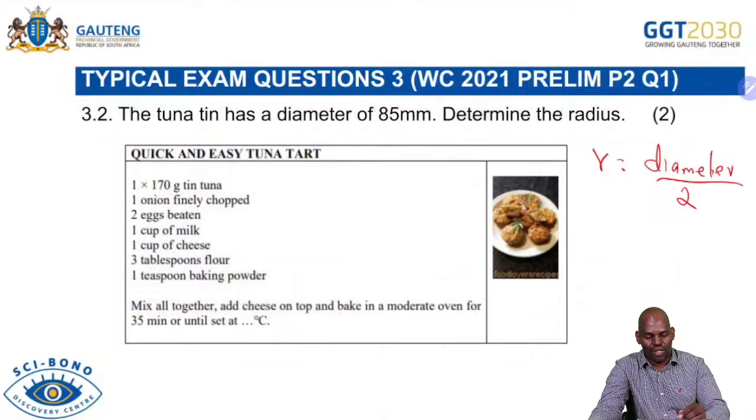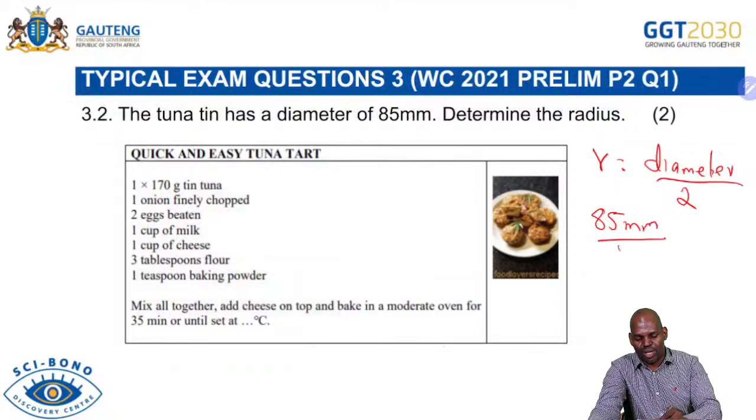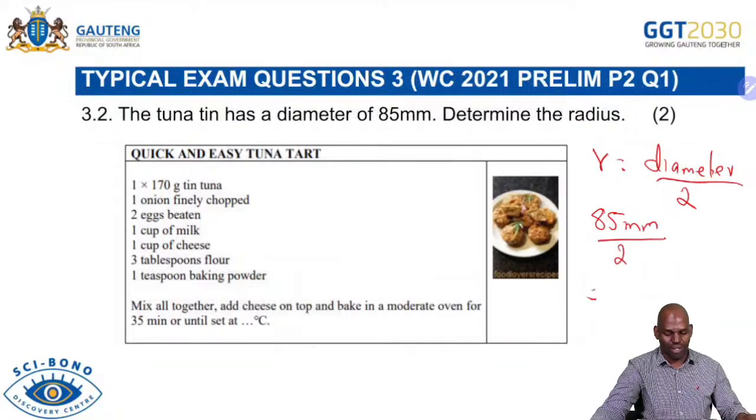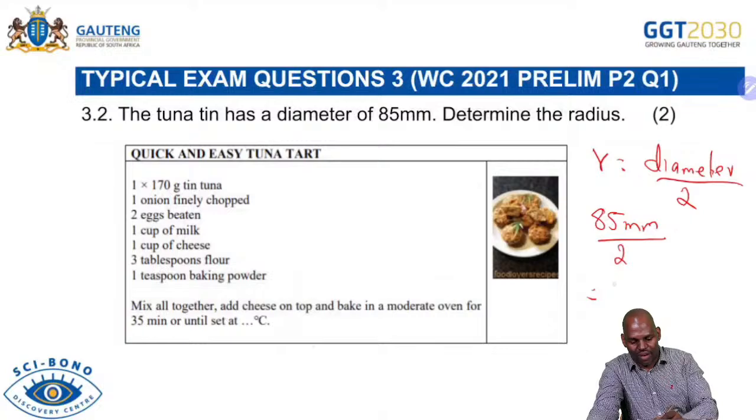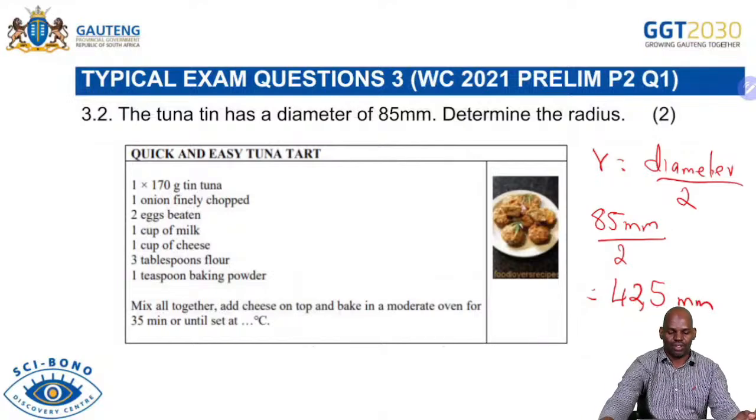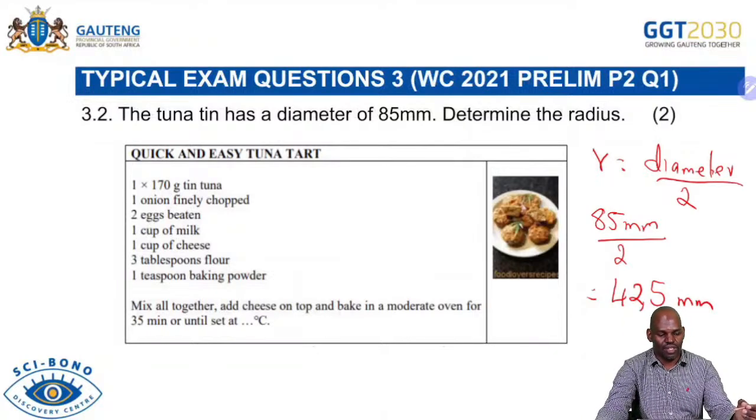So in this case we take 85 millimeters and divide it by 2, which will give us 42.5. So it's 42.5 millimeters. Very easy. And that is 2 marks.